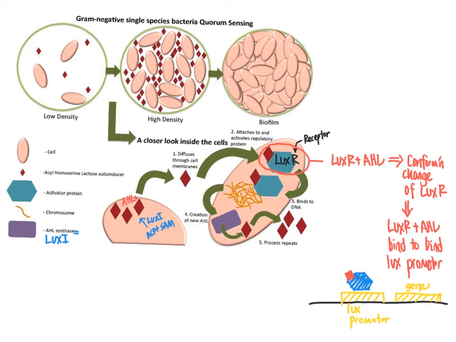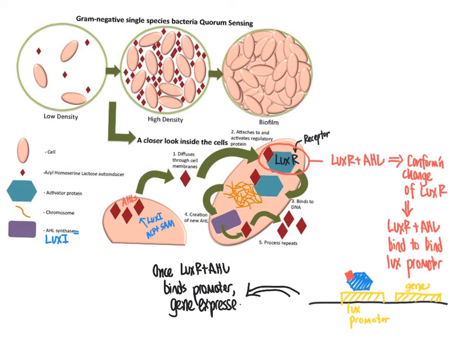And then at that point, what happens is that once LuxR, which is bound to the acyl homoserine lactone, binds the promoter, that gene is expressed. And that gene is involved in things like biofilm formation, virulence, conjugation, and the wide variety of other different traits that are associated with quorum sensing.